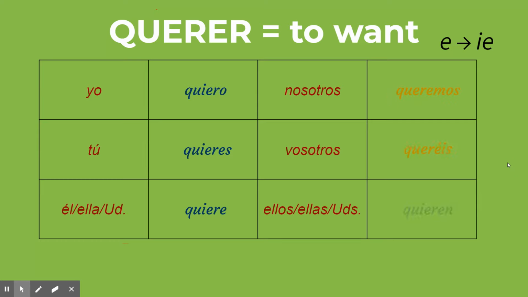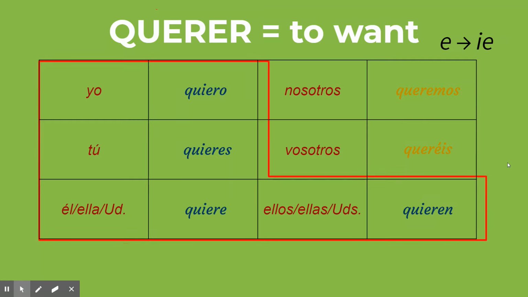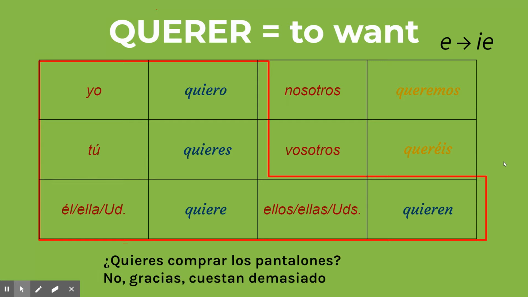Queréis. Quieren. Bota. Everything inside the bota has a change. Somebody might ask you, ¿quieres comprar los pantalones? No, gracias. Cuestan demasiado. They cost too much.